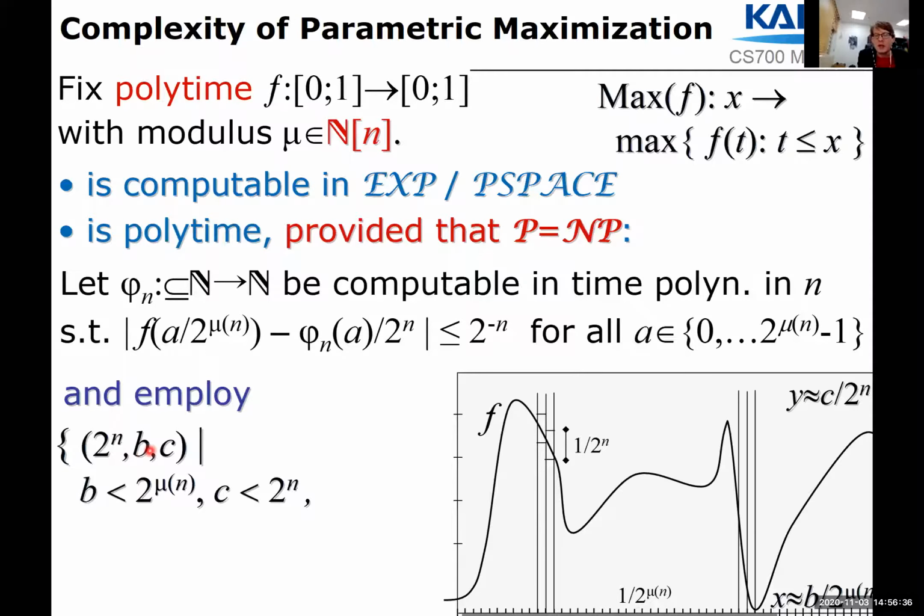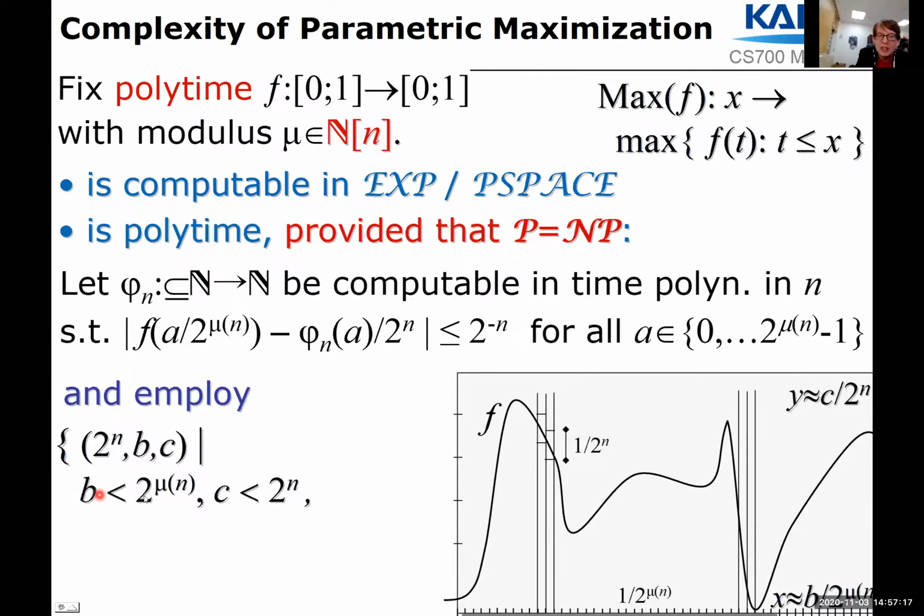And the other two inputs are given in binary, which makes sense because the third one, C, ranges from 0 to 2 to the n. This is kind of the y discretization. This is the index of the y subinterval we're currently interested in, whereas the second input is the number of the x interval that we're currently interested in, namely the last interval up to which we want to integrate the parametric maximization.